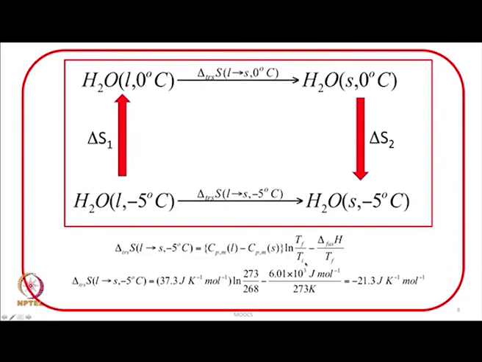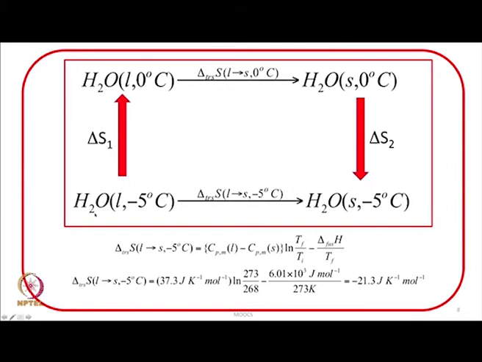Initial is minus 5 degrees Celsius, which is 268 Kelvin, and enthalpy of fusion or freezing is 6.01 kilojoules per mole. Convert that into joules and put the freezing point, which is 273 Kelvin. The answer is minus 21.3 joules per Kelvin per mole. This is the entropy change for the system. Let us just take a relook at what we have done.